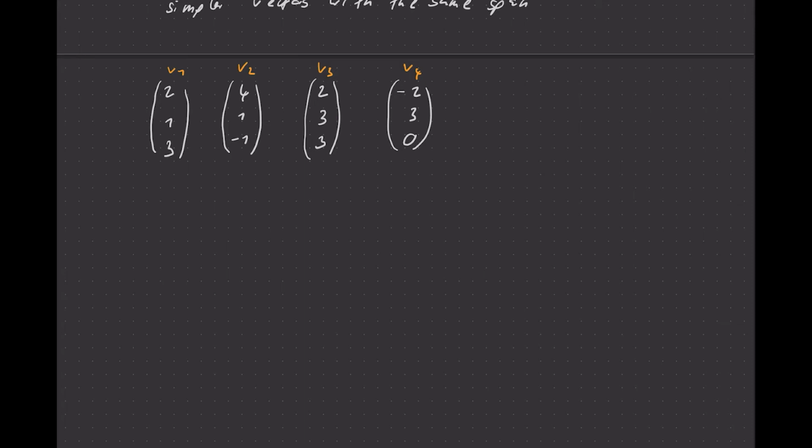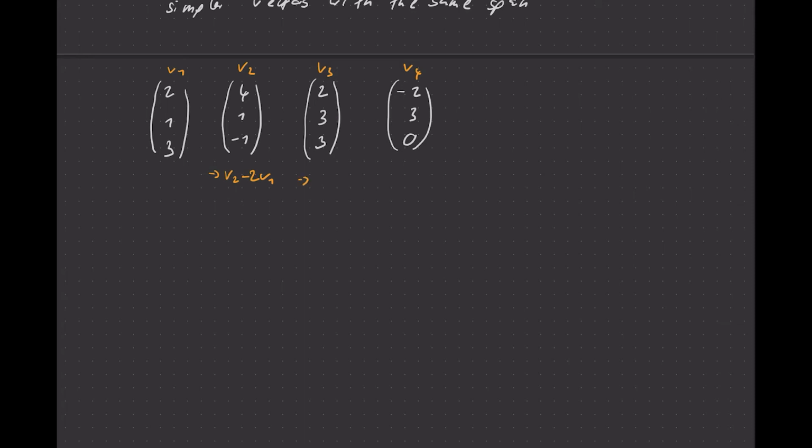And now let's start the replacement process. I'll first look at the first coordinate of all the vectors. And I can see here, they all have a 2, a -2, or a 4. So I can use one of the vectors to produce zeros in that first row for all the others. And that's what I'm going to do. I'm going to use the first vector specifically. And I'm going to replace vector v2 by v2 minus 2v1.